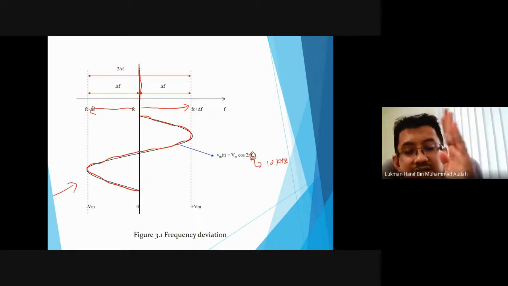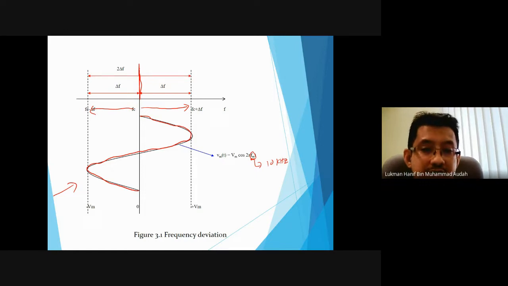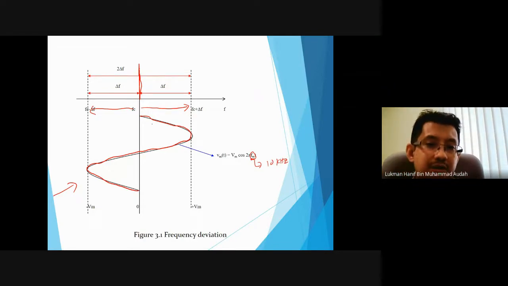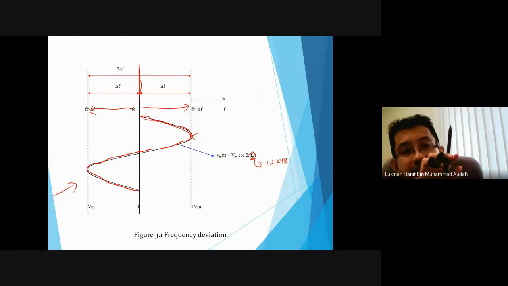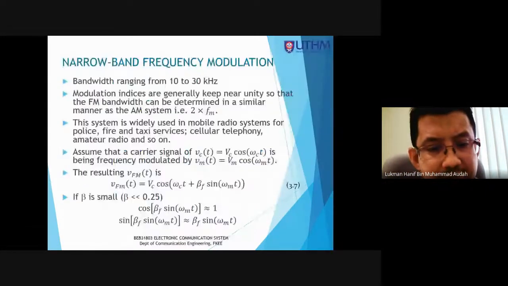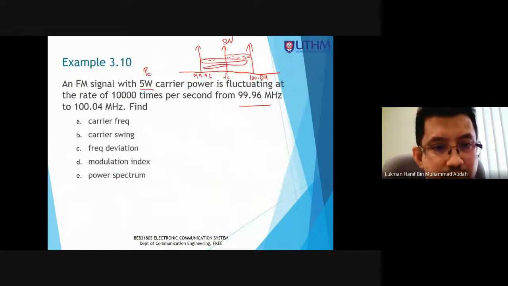So kadar oscillation bergantung kepada nilai modulating signal frequency. Manakala nilai delta F bergantung kepada nilai VM, peak value. Nampak so ini peak value dia di sini. So peak value determine the delta F parameter. Okay. So I go back to the slide.